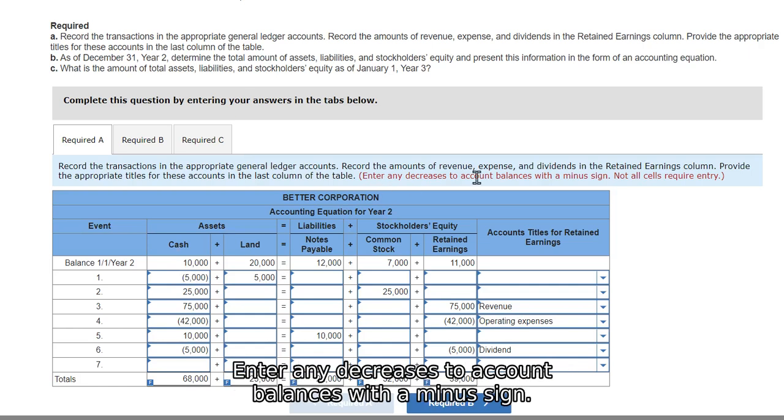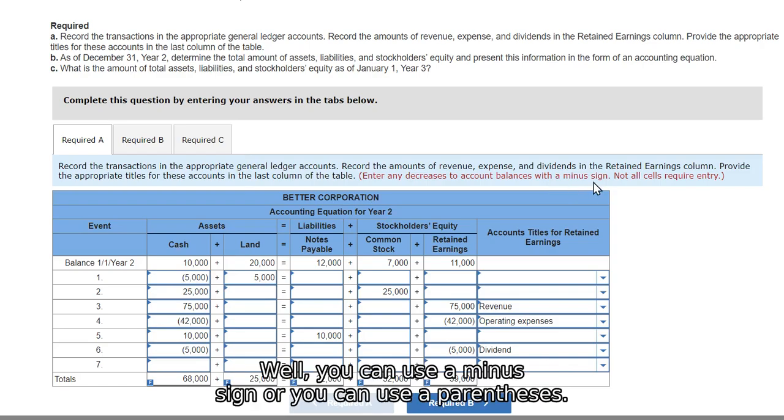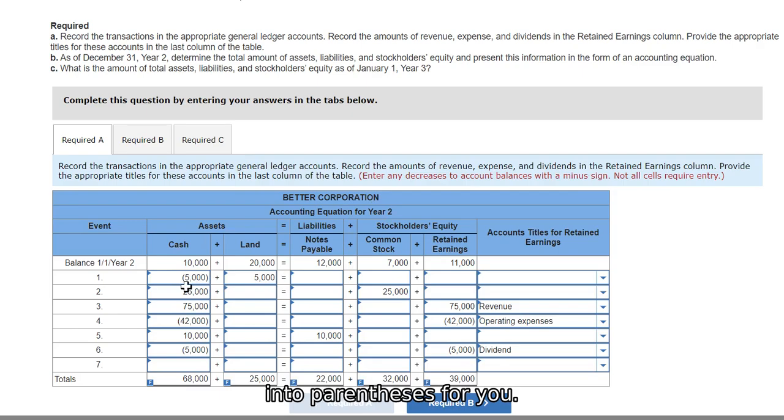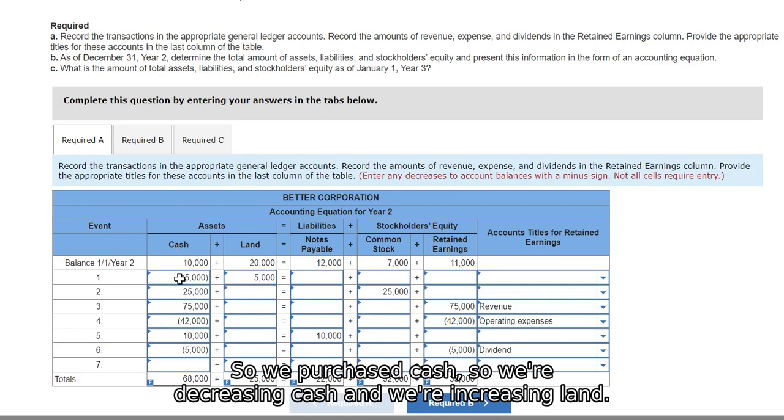You can enter decreases with a minus sign or with parentheses. If you use a minus sign, when you hit enter or tab, it will turn it into parentheses for you. Either way, it's going to accept it. So we purchased with cash, so we're decreasing cash and increasing land.